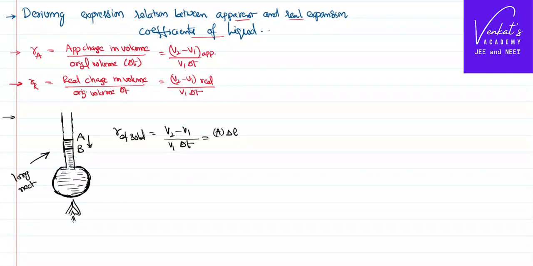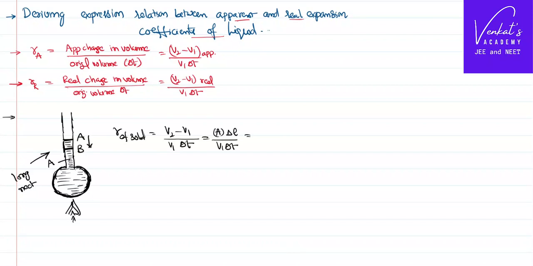All the other volume is anyway at the bottom spherical part and is always there. So the increase in volume is the area of this cylindrical part A into the change in length, by original volume and delta T.